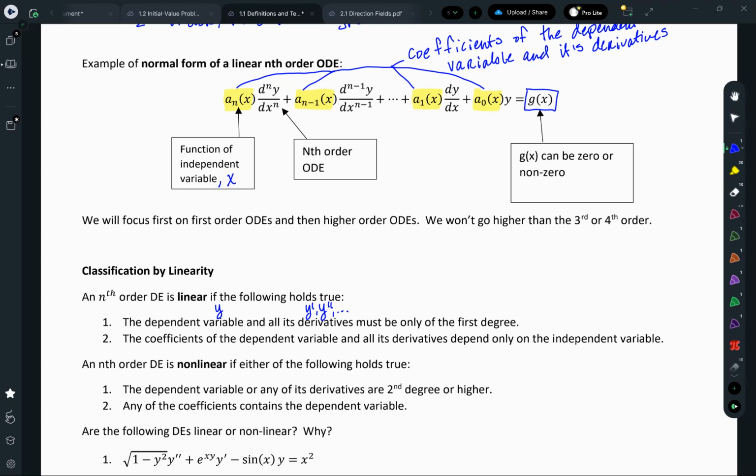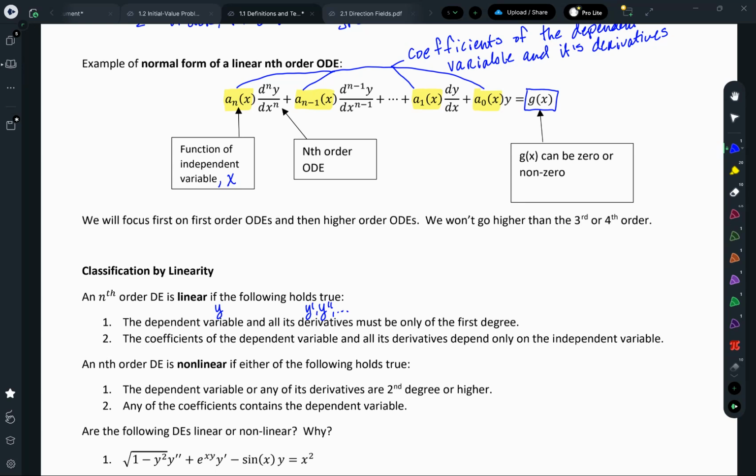So we won't see some derivative hanging out and then getting squared, okay? The other thing that has to be true is that the coefficients of the dependent variable and all its derivatives have to depend only on the independent variable. So if there is a y in the coefficient for the second derivative, that's a big problem. It is not a linear equation, okay?